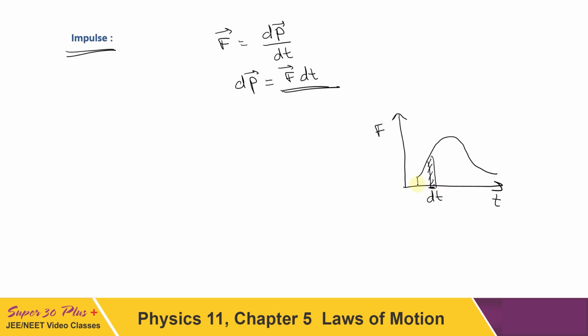If we are interested in a large interval, let that be from t1 to t2, then of course we have to consider the whole area, and then it can be written mathematically as delta p is equal to the integration of F dt. And what is F dt? That is the area under the curve. So this is how impulse is calculated. Sometimes during solving our numericals, impulse has to be used, and we will see this in our later sessions when a lot of questions will be solved.